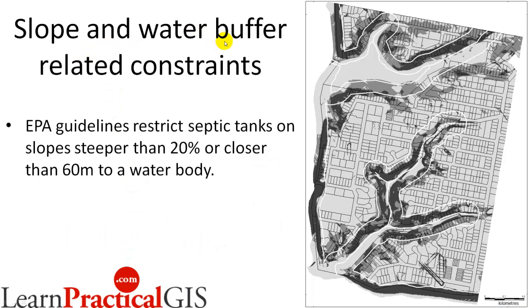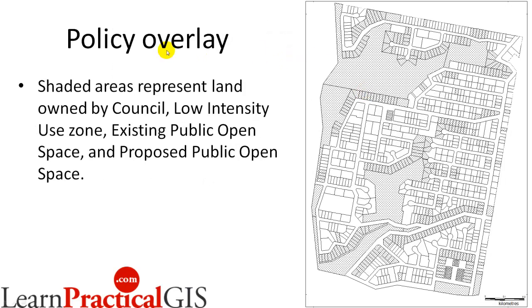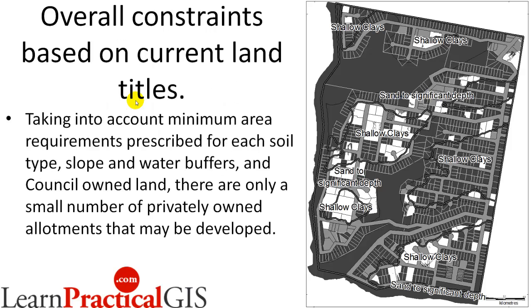When we overlay that onto the slope and the water buffer constraints, and then we overlay council-owned land on top of that, what we see is those dark areas are those areas that are constrained from being developed, and those clear areas are those areas that could be developed, according to the existing land ownership and the existing zonings and so forth.